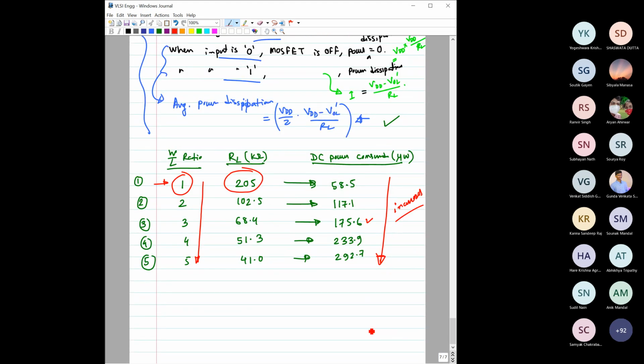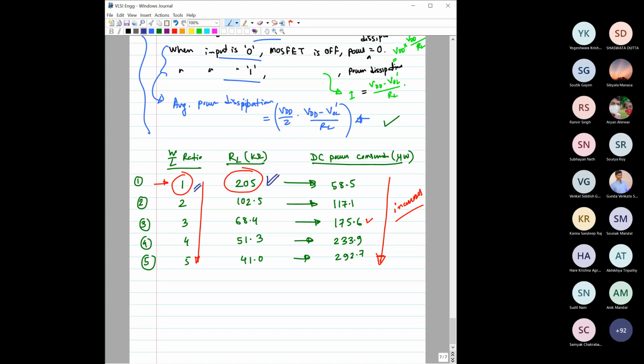Now, what would be the issue of choosing this big resistance? You can choose this W by L, no issue in that. But if you want to make R_L 205 kilo ohm, then you have to pay some price.